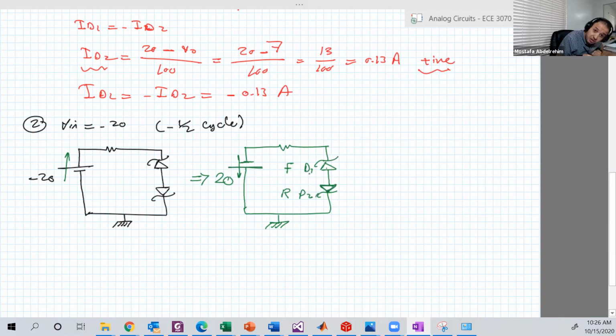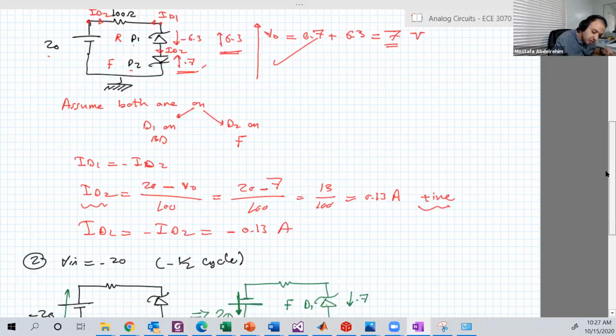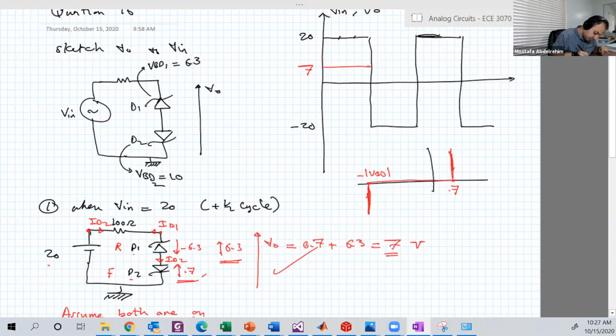This diode, to conduct in forward, needs 0.7 in that direction. And this one, to conduct in reverse, needs minus 10, or 10 in that direction. If you notice, both are going downward like the input, and again here, both are upward like the input.